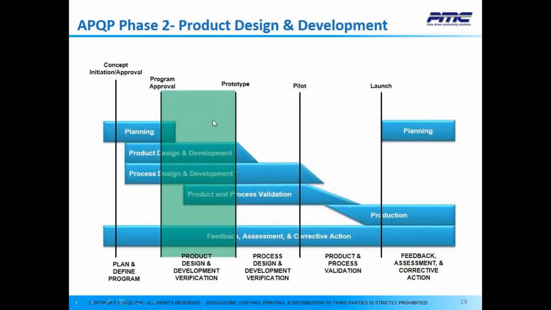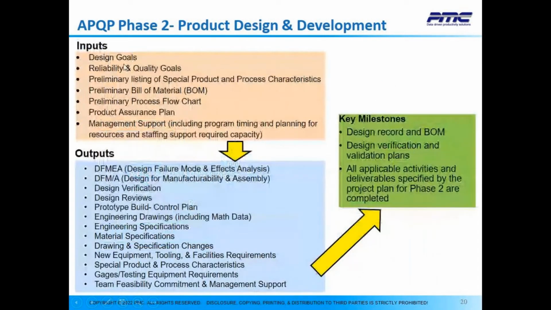Okay, as for phase 2, which is the product design and development, as I said before, the output of phase 1 becomes input to this phase. So I'm not going to repeat those again, but as you can see here, all the outputs now are input to this phase.